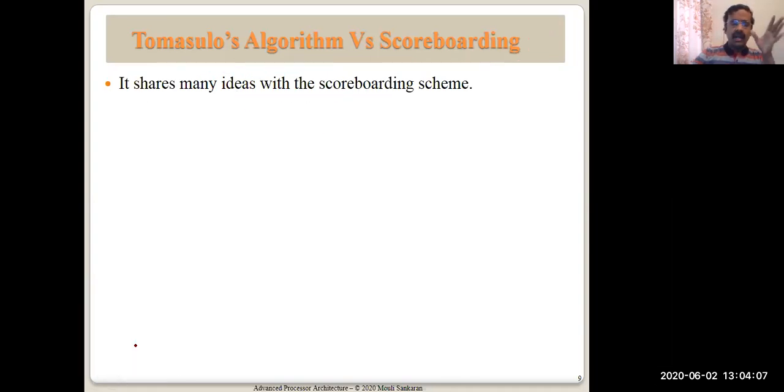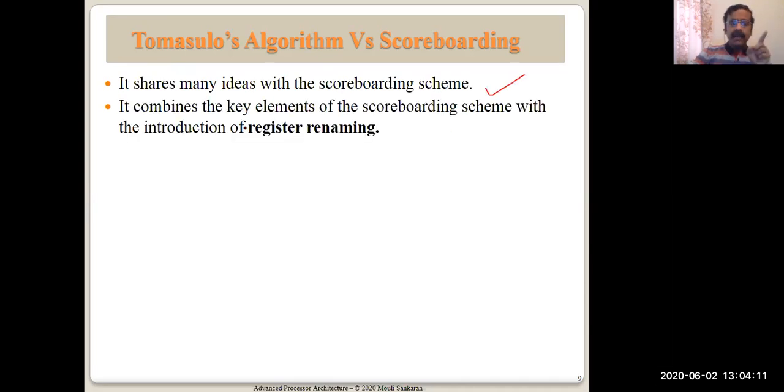This is also similar to scoreboarding. It combines the key elements of the scoreboarding scheme with register renaming. So it is combining what I showed you yesterday and what I explained just now, which is renaming. Both are used in Tomasulo's scheme.